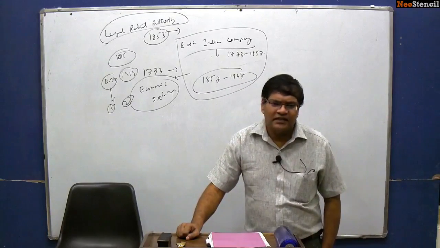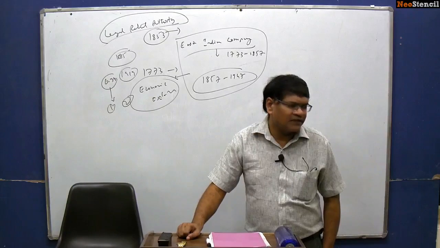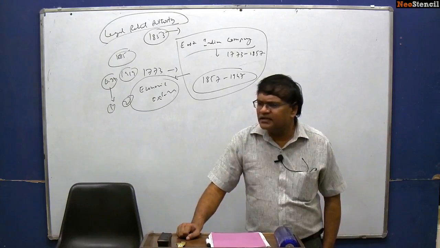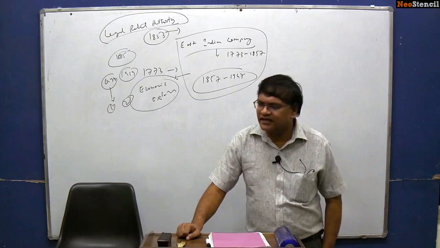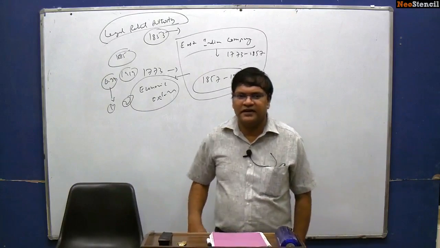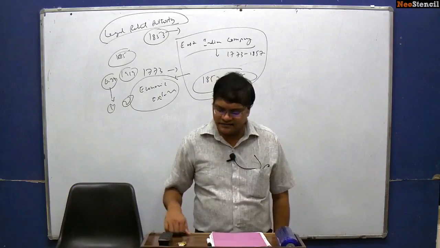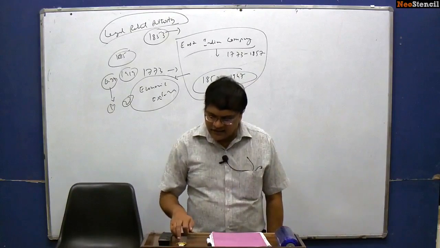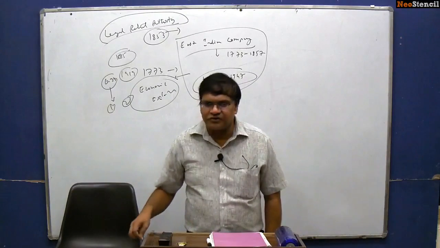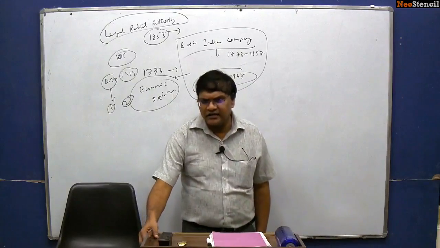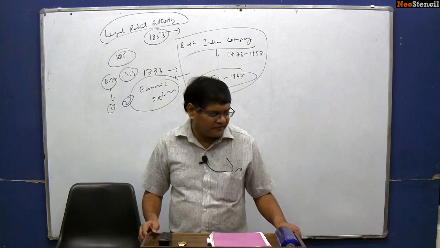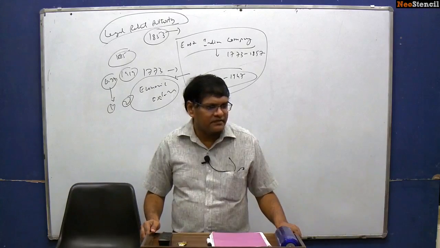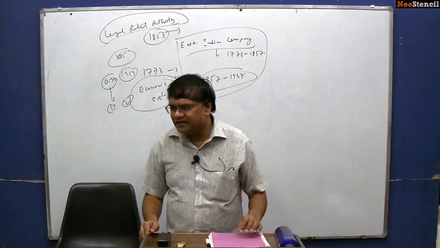And that is the reason why the central legislature was converted into this constituent assembly, so that the members would frame the constitution for the entire country. They came out with a constitution, and it took them almost 3 years to frame it.